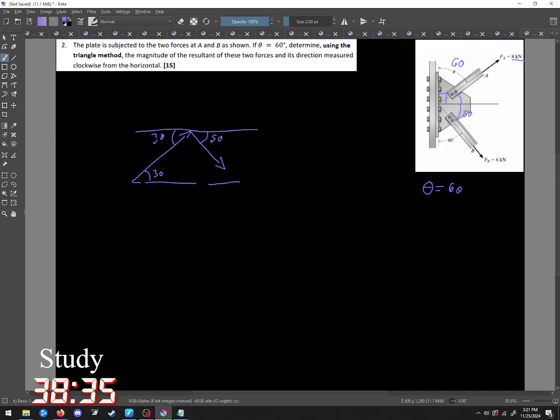We know that these three angles add up to 180. So angle R is going to be equal to 180 minus 30 minus 50, which equals 100 degrees.